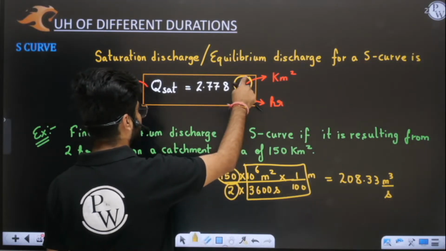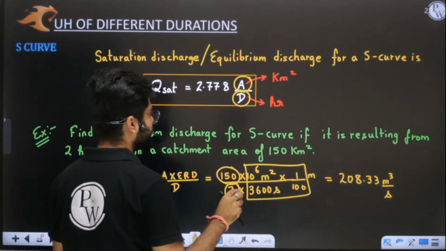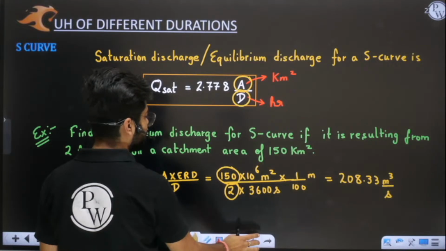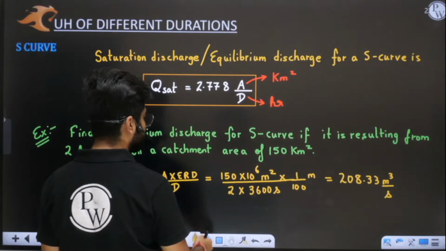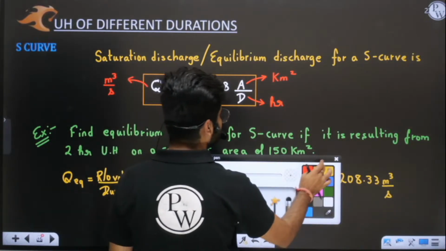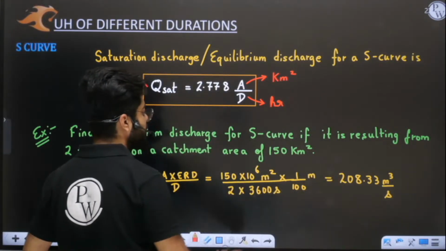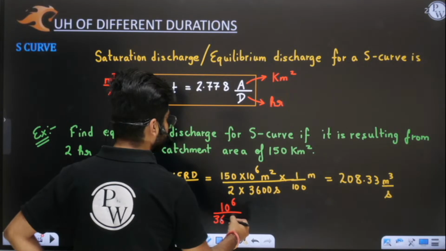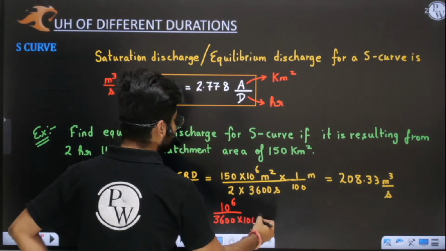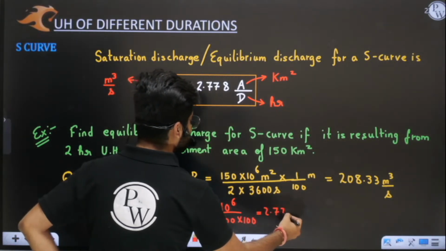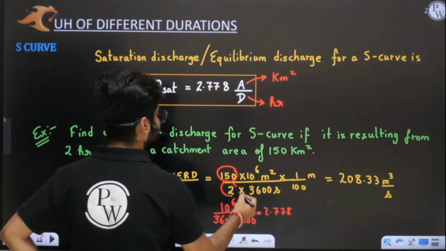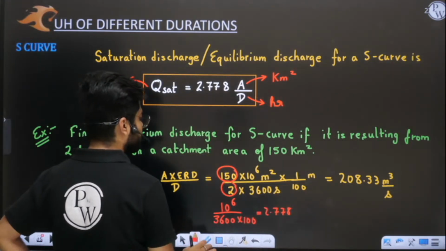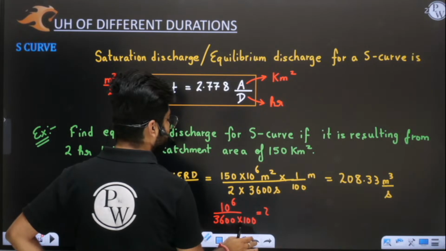In this formula, area is in kilometer square and duration is in hours. So 10 power 6 divided by 3600 into 100 is 2.778. This is A, this is D, and the remaining is 2.778. So I can convert, and I can also remember.